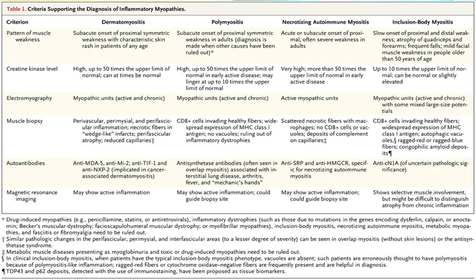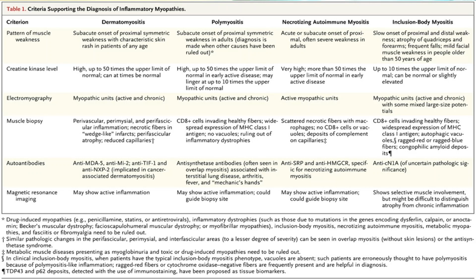In table 1, we see the criteria supporting the diagnosis of inflammatory myopathies. Here is the pattern of muscle weakness. In dermatomyositis, we have subacute onset of proximal symmetric weakness. In polymyositis, we also have subacute onset of proximal symmetric weakness.